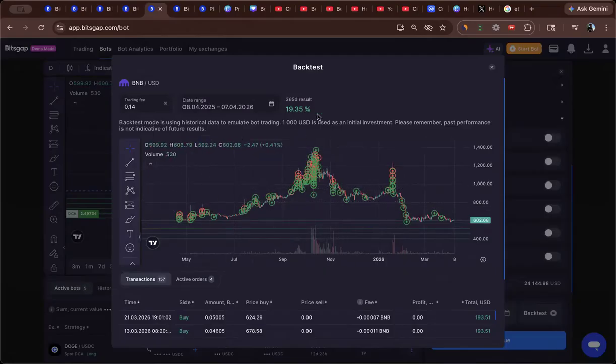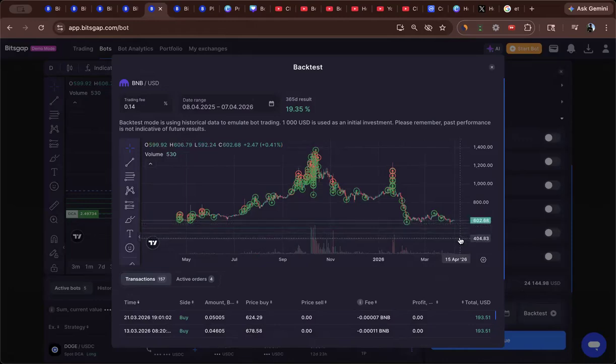So we've got a 19% APY, and we've got good activity. I only see about a month here and about a month there too. So a little less active than I like to see, but what I prioritize over the activity on the back test is the continuation.